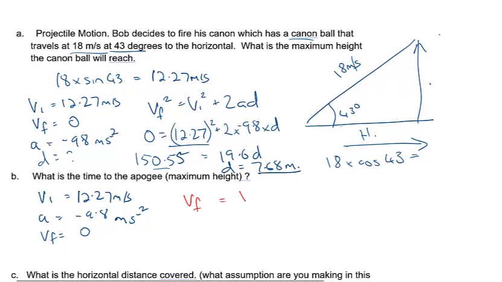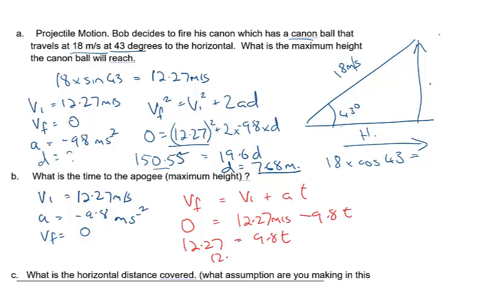So Vf equals Vi plus At. Final velocity is 0, initial velocity is 12.27 meters per second, minus 9.8 times t. So that becomes 12.27 equals 9.8 t. 12.27 divided by 9.8 equals t, which equals 1.25 seconds.